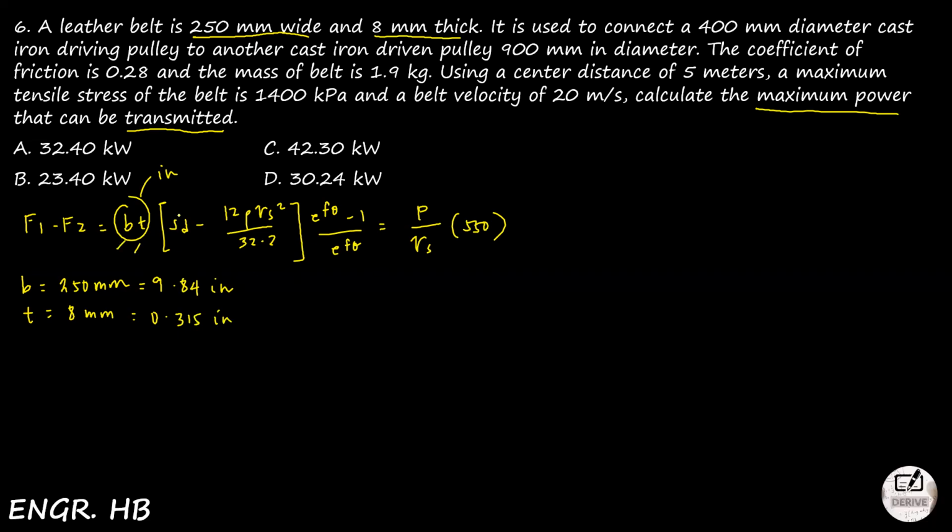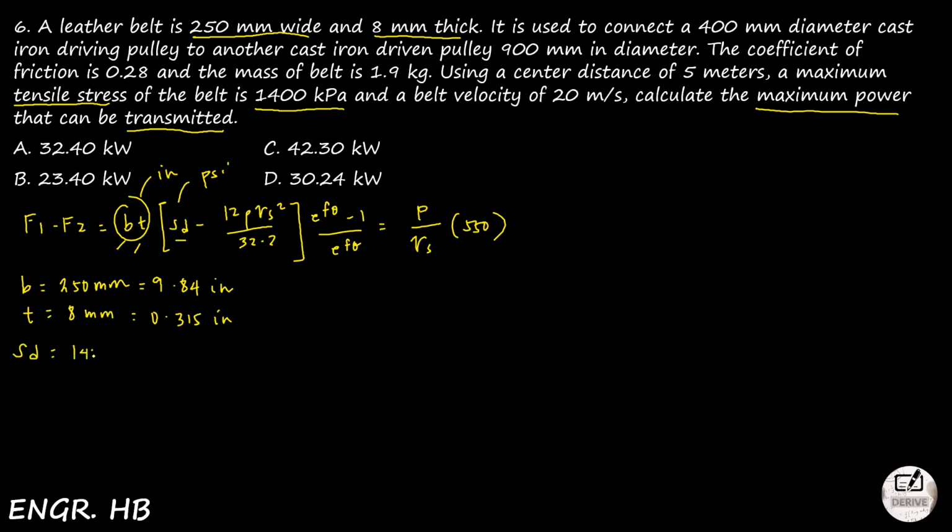So we've solved B and T. And of course, our SD here should be in PSI. So where do we find the design stress? It says the maximum tensile stress, which is the same as the design stress, of the belt is 1,400 kilopascals.